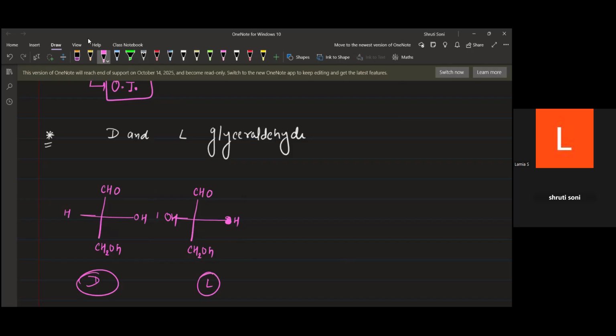Now see what is the difference between them. Is there a diastereomer? I don't think so. What are they exactly? Enantiomers, right? So the answer will then be C.